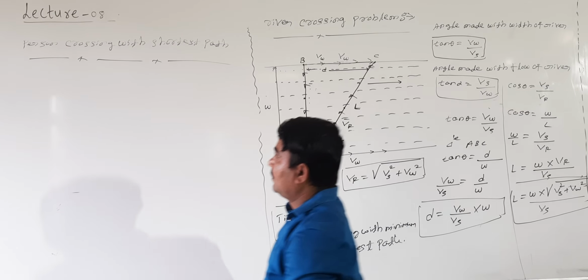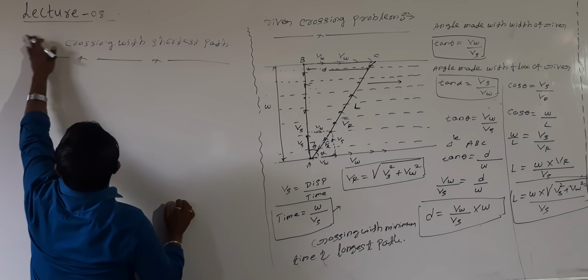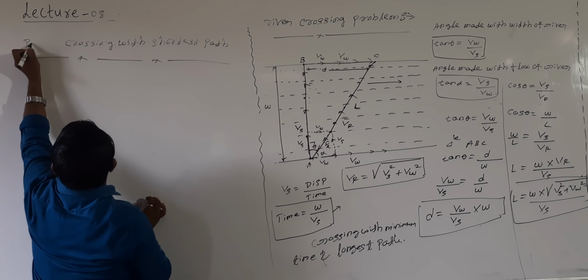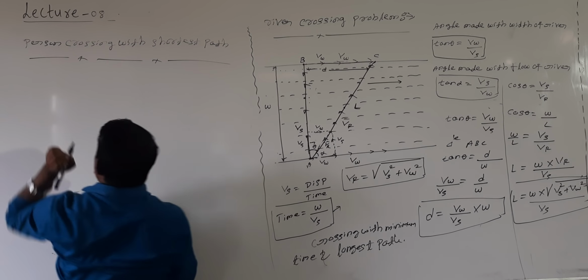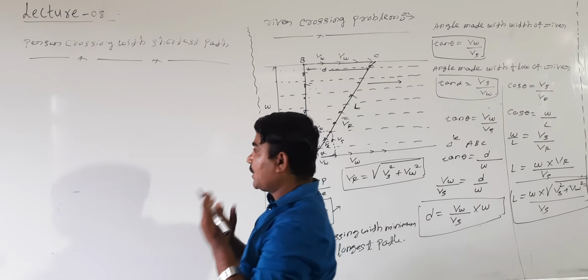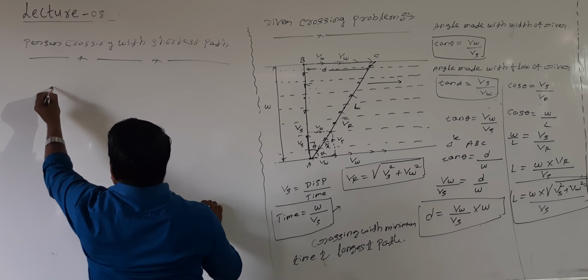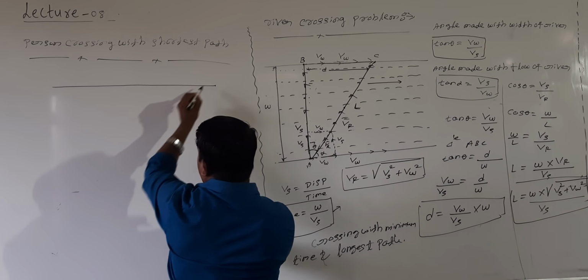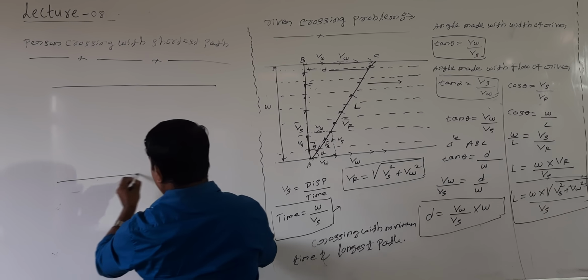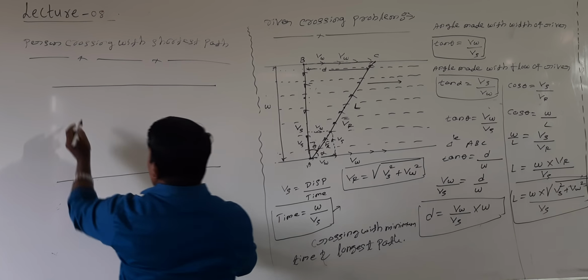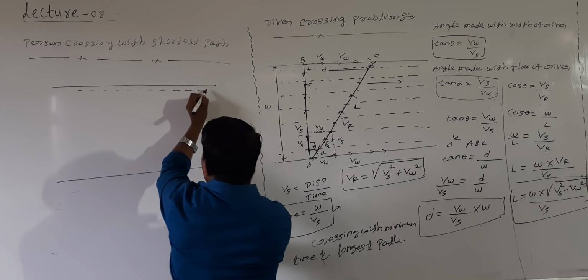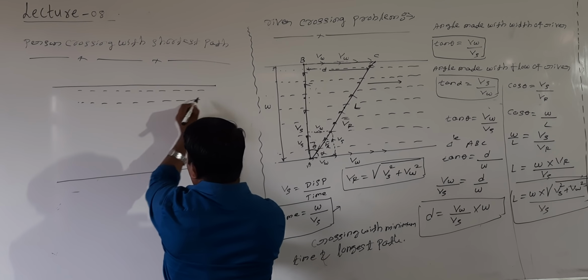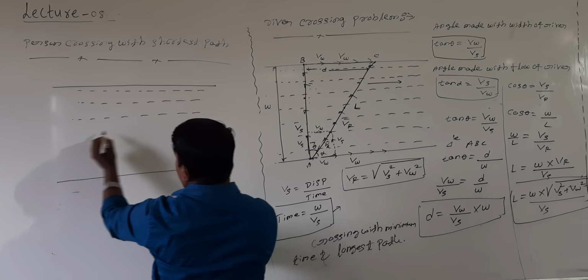Shall I take here the person crossing with the shortest path? How is this possible? Again I will take the river. Look at me. This is the flow of the river. Shall I represent the flow of the river like this? In this direction the river can flow.